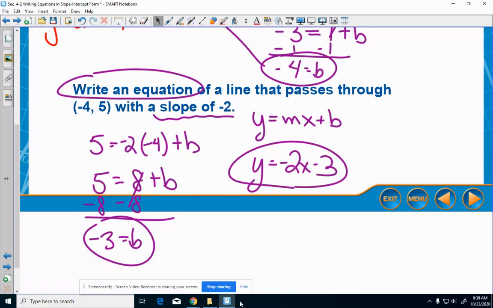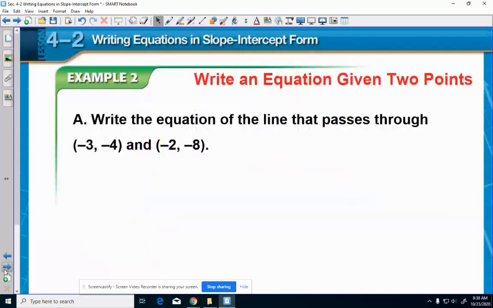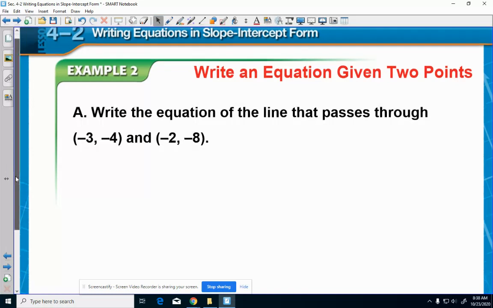Okay? So the other thing we're going to look at is, well, what if I don't give you either? Now, we've just kind of added one layer. James already told us that if you were given 2 points, you would do what first?